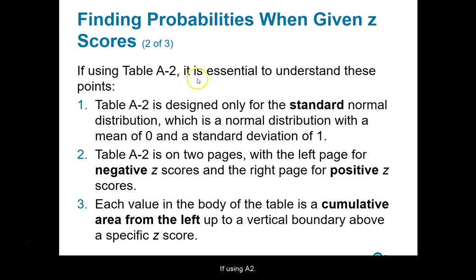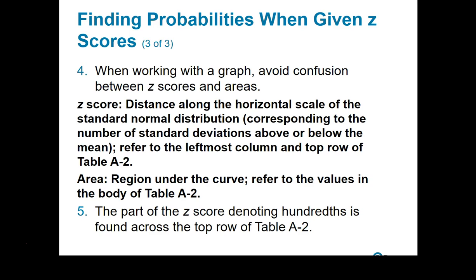Alright, so if using A2, understand our probabilities are always going to be between 0 and 1. Probability can never be negative, but we can have a negative z-score. If our probability is less than 50%, then we will have a z-score that is negative. And when I say probability, I mean the probability that we have a value less than that z-score.